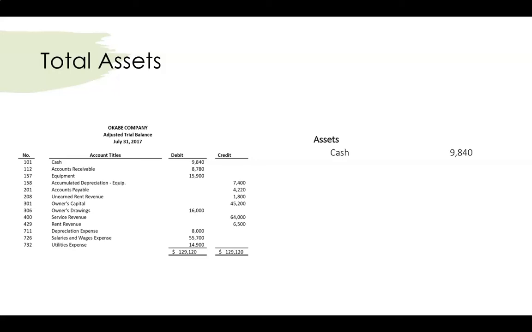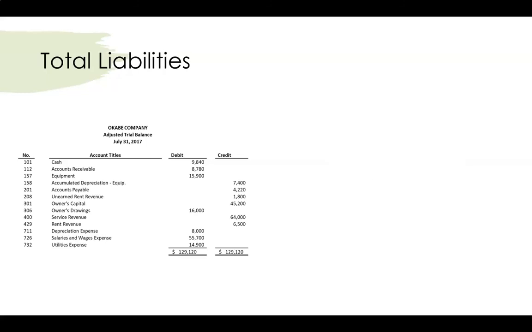So we have cash of $98.40, accounts receivable of $87.80, equipment of $15,900, and we are going to subtract out our accumulated depreciation on that equipment of $7,400. You do all that math and you'll find that your total assets equal $27,120.